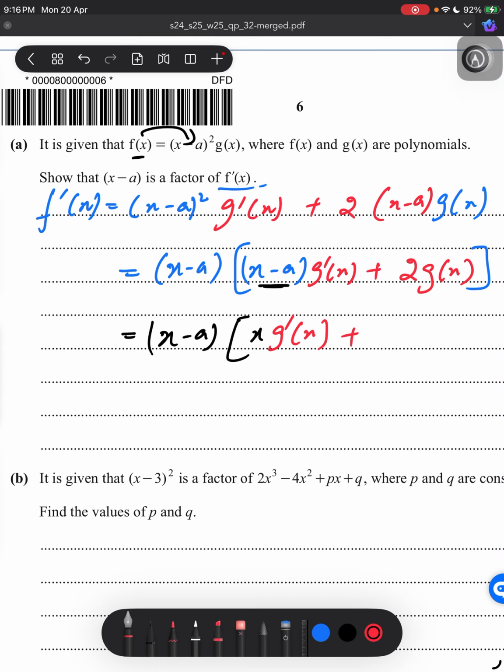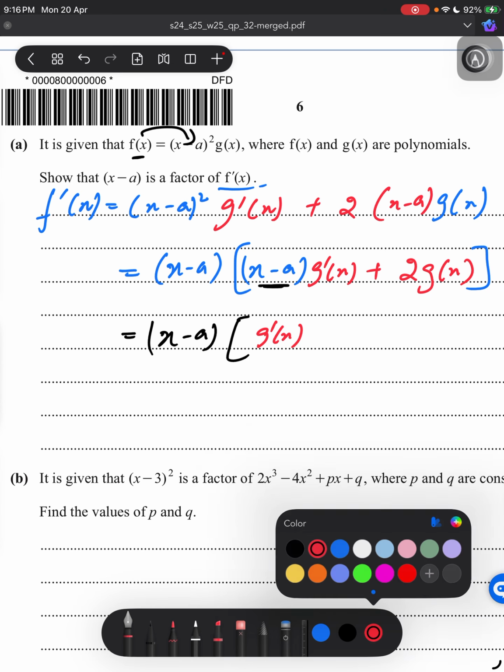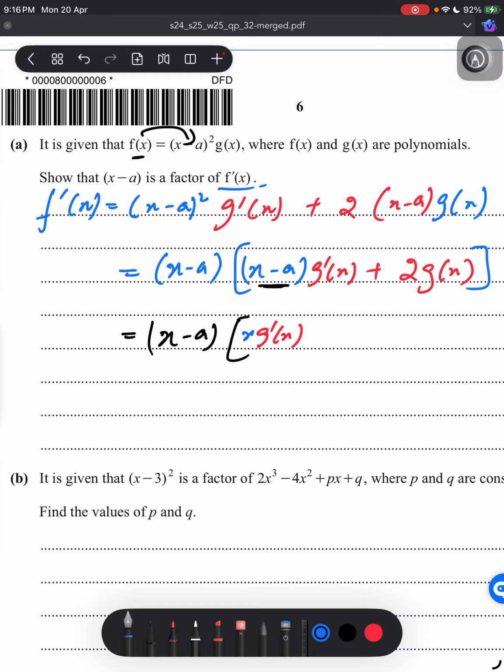I did not multiply that, because that will be multiplied with both g of x times x, and a will also multiply with g prime of x, and you'll be left with g of x.